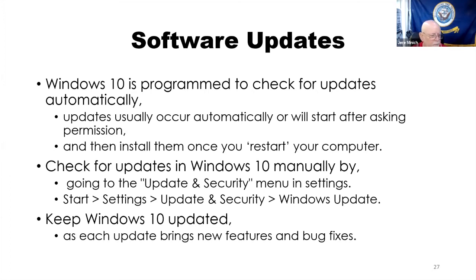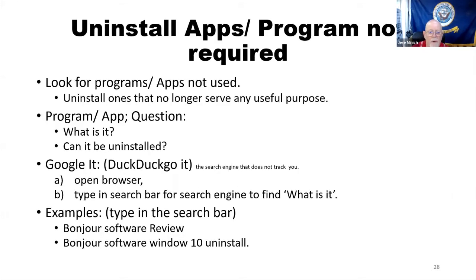And when Microsoft puts out a change, they may require a change also to programs and apps that you have on your PC. So again, you can go to Start, Settings, Update and Security, Windows Update, and take a look at those kind of things that happen with software.